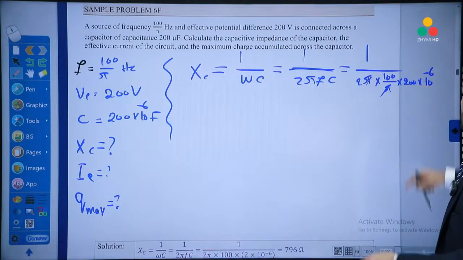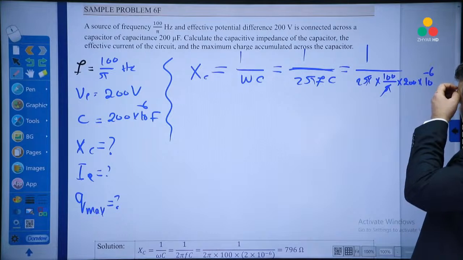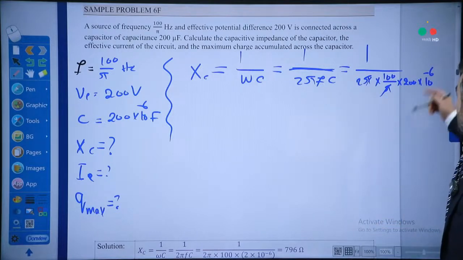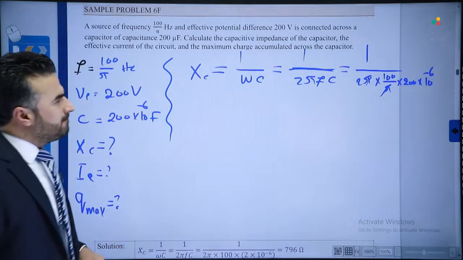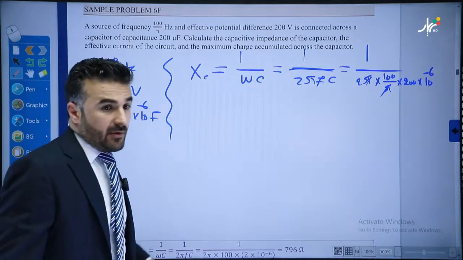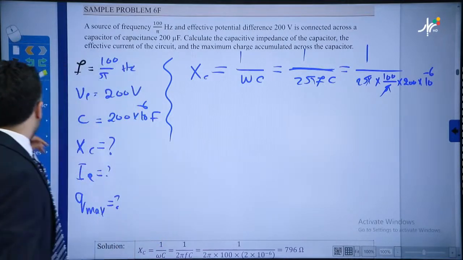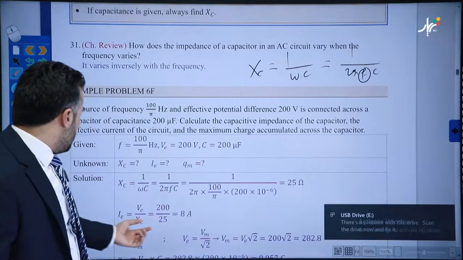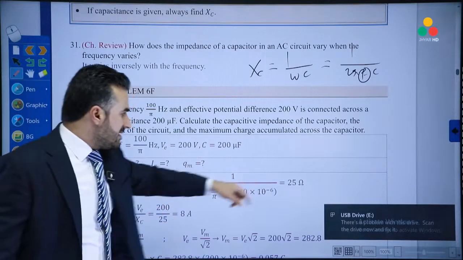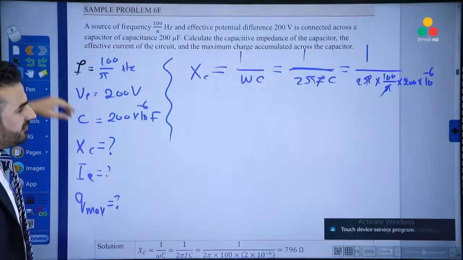Let's get a calculator, or maybe something faster than that. We'll just take a look at the answer. You can see that the value for this is basically equal to 25 ohms here.